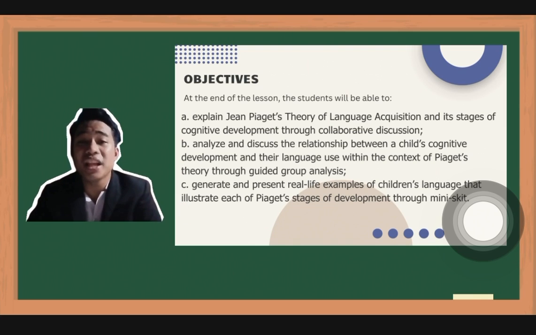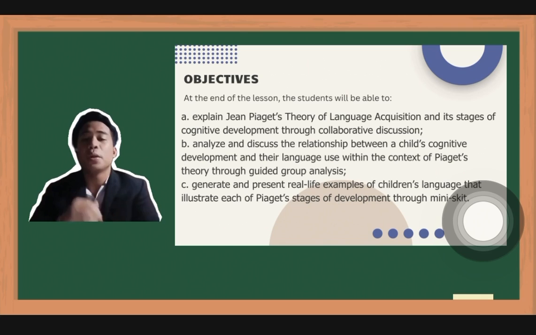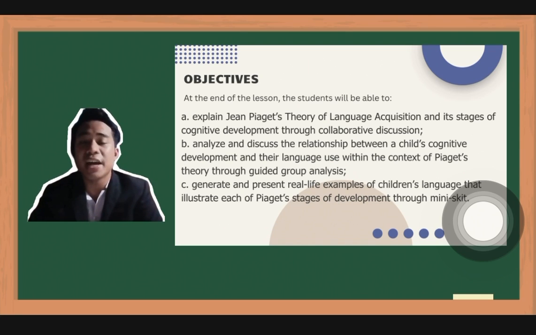Generate and present real-life examples of children's language that illustrate each of Piaget's stages of development through mini-skit. These objectives will provide a clear guide for today's lesson and will help students understand and apply the key concept during the lesson.